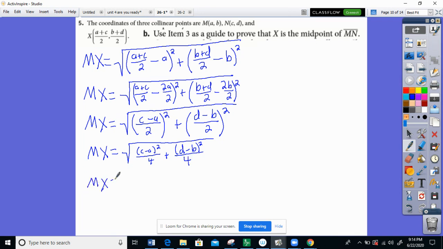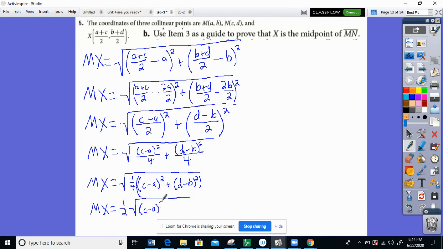All right, so now we can factor out that 1/4. And when we take the square root of 1/4, that's going to give us 1/2 of the expression square root of c minus a squared plus d minus b squared.